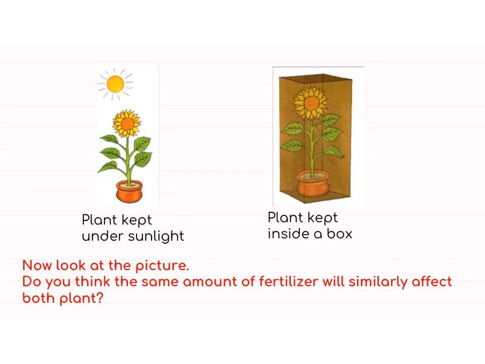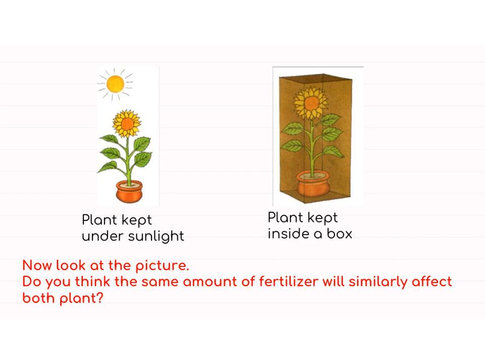Now, let's look at the picture on this slide. On this slide, you are shown two plants. One is kept under the sunlight, while the other one is kept inside a box. Do you think the same amount of fertilizers will similarly affect both plants?